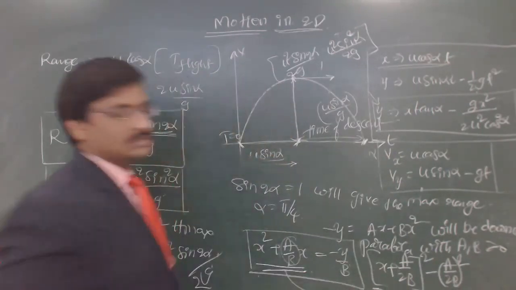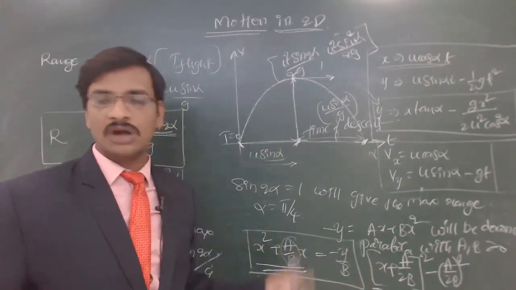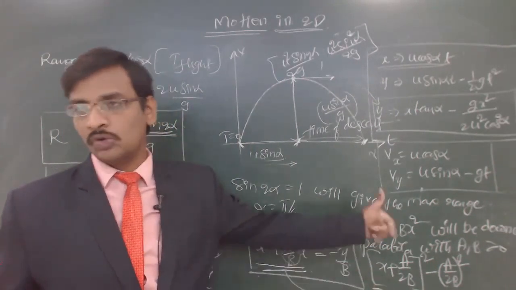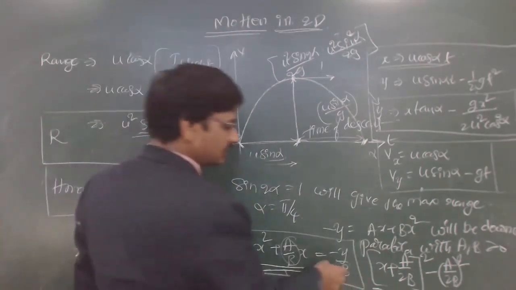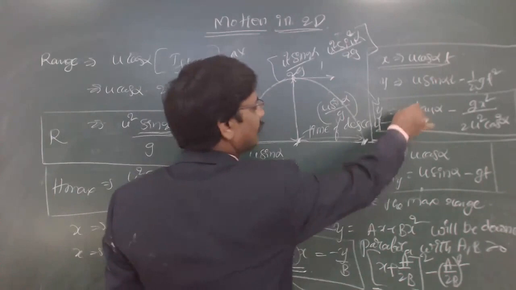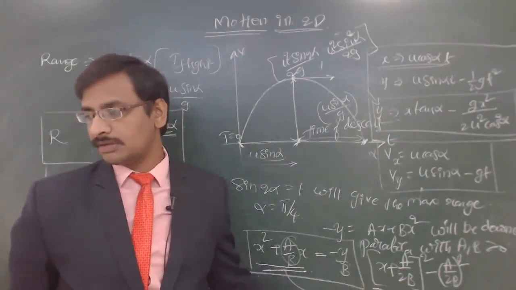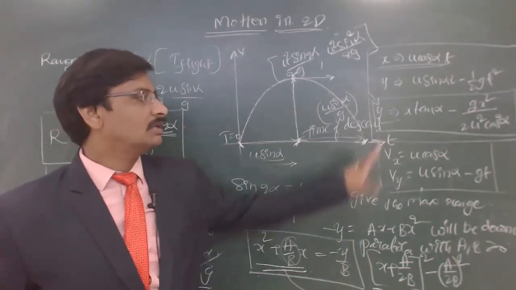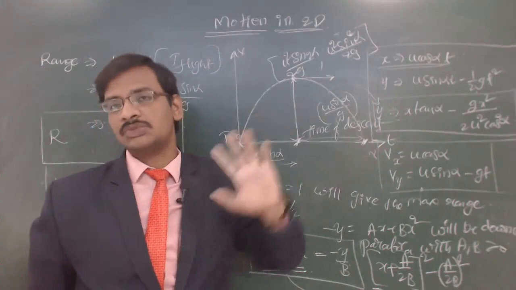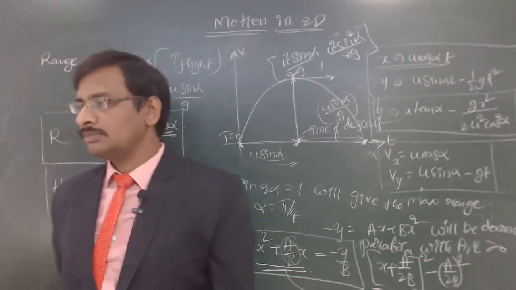These two are one and the same. So this methodology we are going to use in case you want to express it as x plus h whole square is equal to minus 4ay format. This is the methodology we are going to adopt for this equation if you want to express it as a standard parabola format. Got it? That is only simple mathematical analysis, nothing more than that. So this is a simple parabola equation. That's what you need to think of. Got it? Any questions on this?